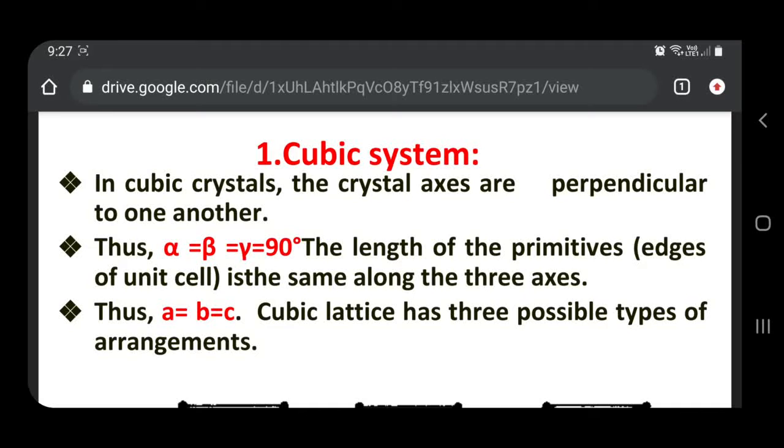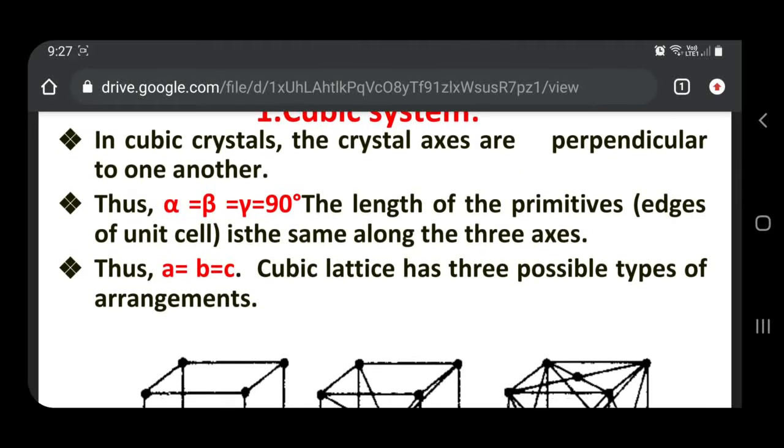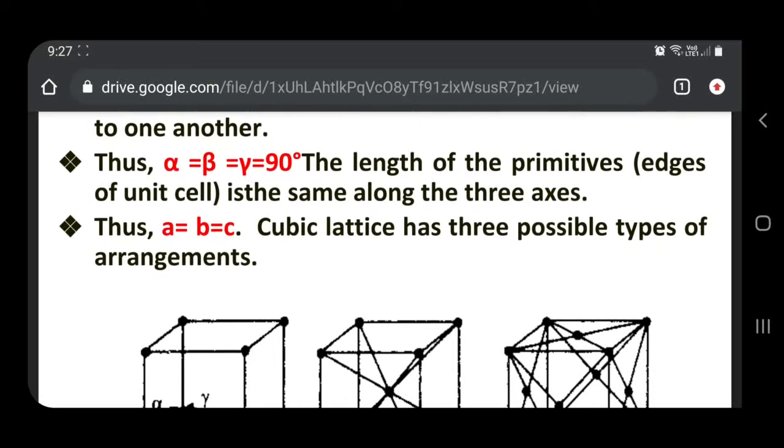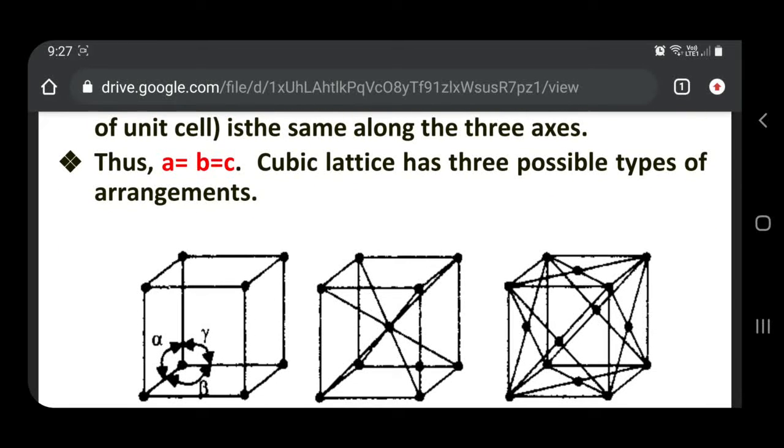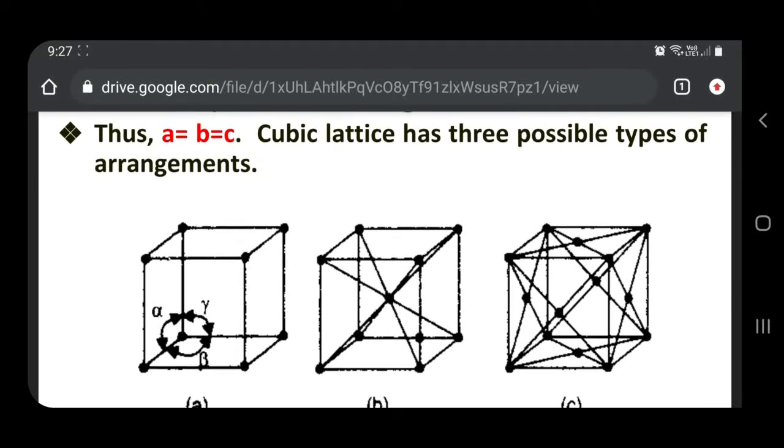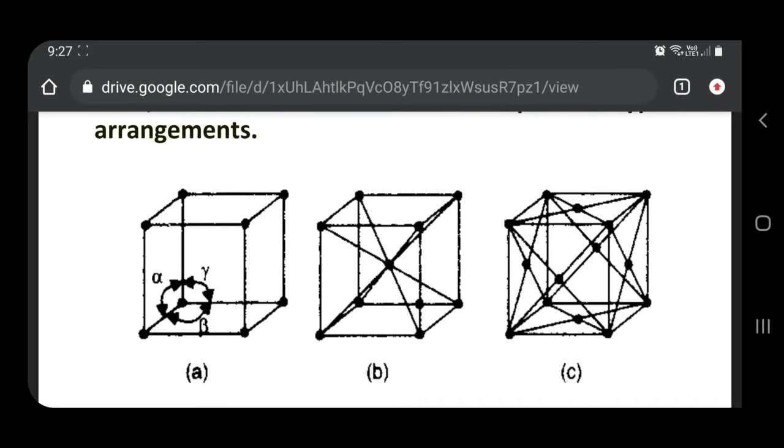Okay, so in this cubic system, all the 3 interfacial angles are equal to one another, and each is equal to 90 degrees, and length of primitives, that is edges of unit cell, is the same along the 3 axes, that is A is equal to B is equal to C. A cubic lattice has 3 possible arrangements, so I have represented in diagrams A, B, C. A is simple cubic.